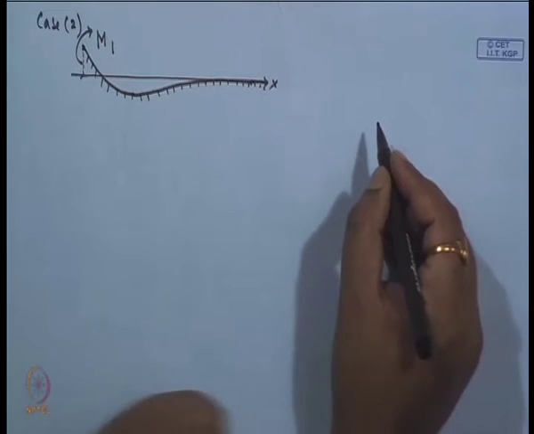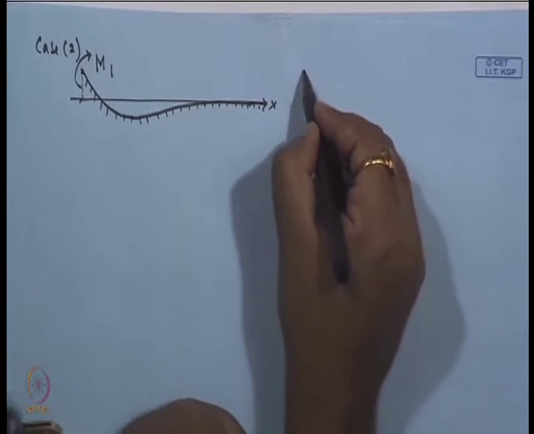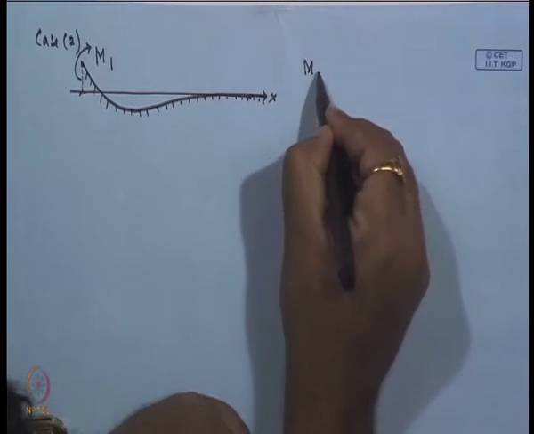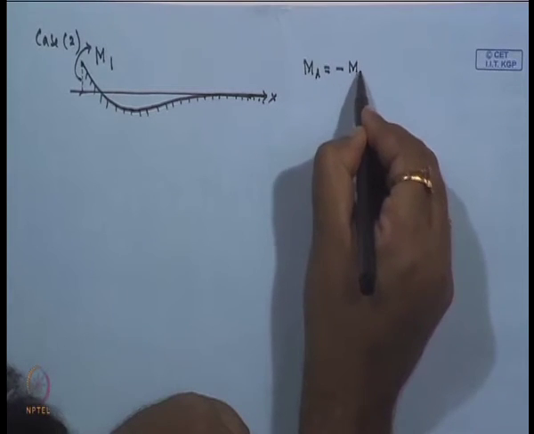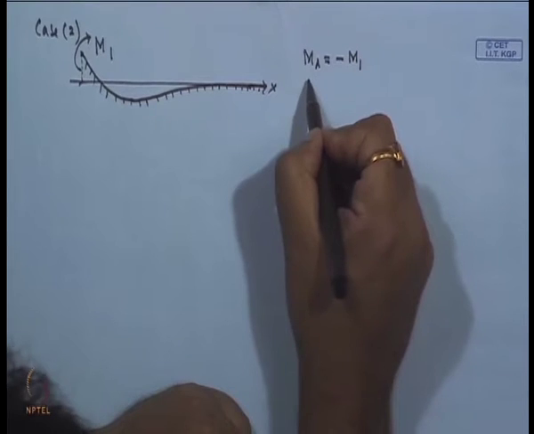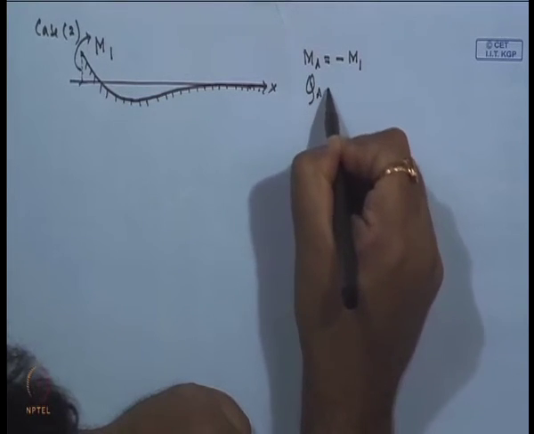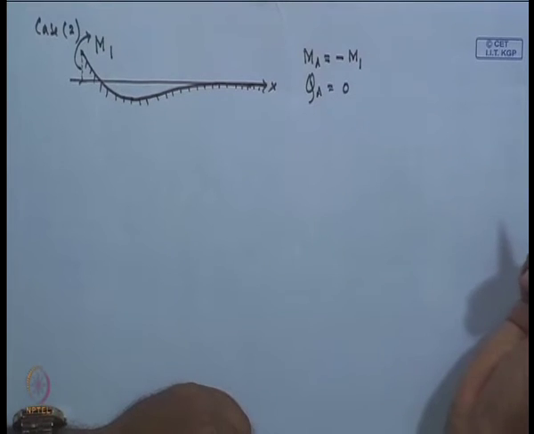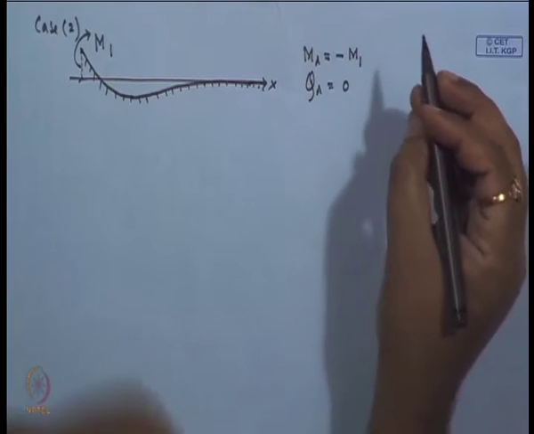Now, if this is subjected to a moment, then the conditions will be M A equal to minus M 1 and Q A will be 0, because we are not applying any concentrated force here.